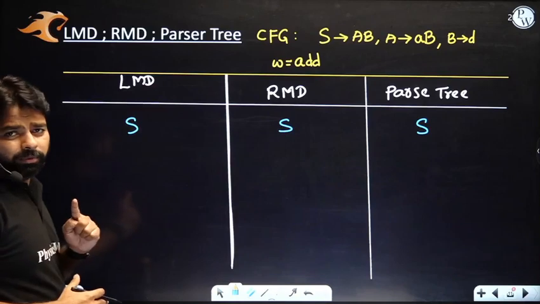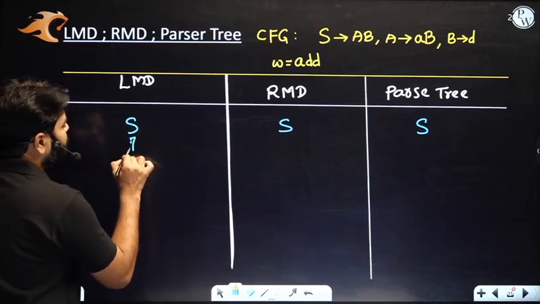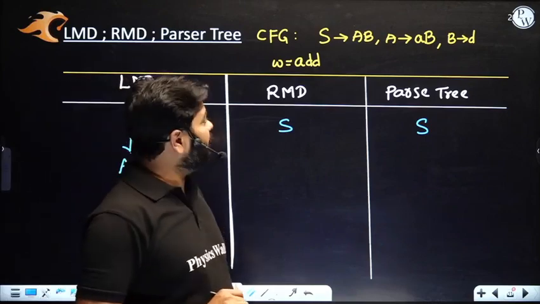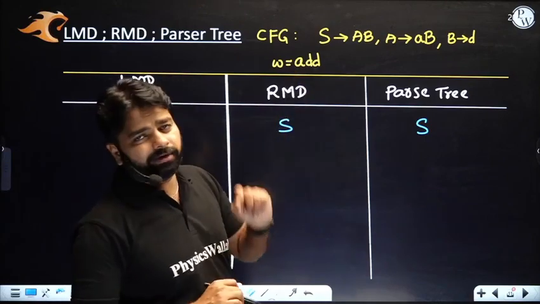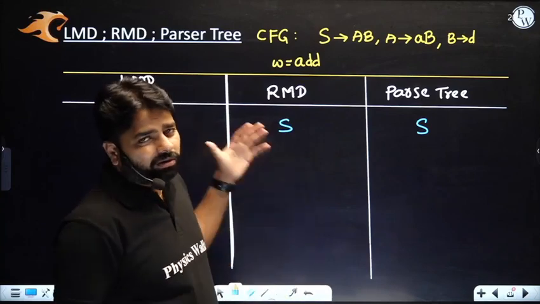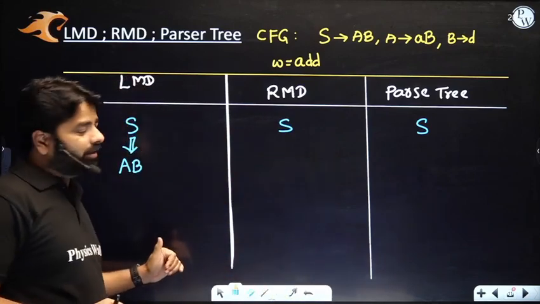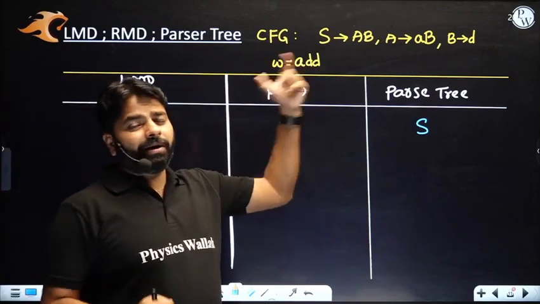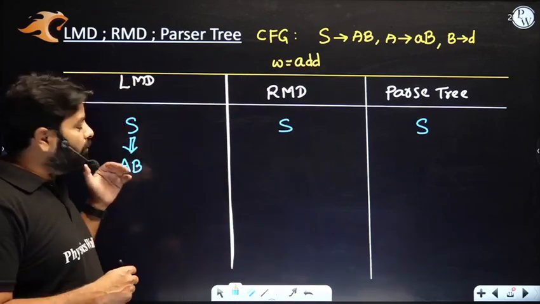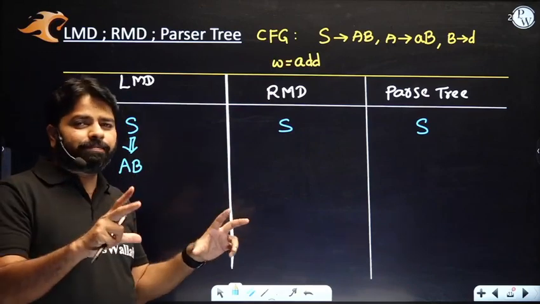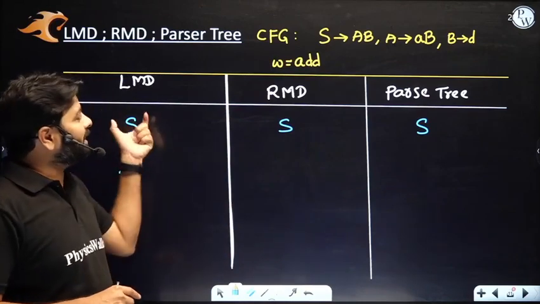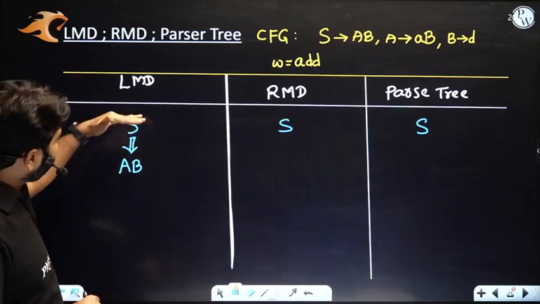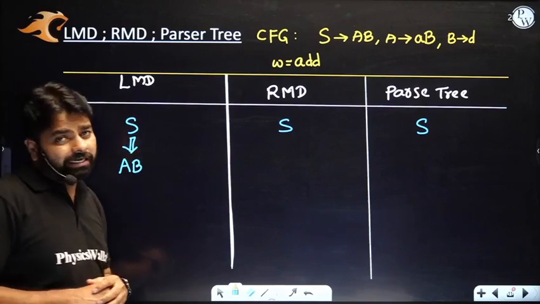S has only one production, so no doubt you have to substitute with that. But when you have more than one production, you should choose carefully which production will derive the string. If it is not deriving, there is no use of writing all the steps. Also, if there is more than one non-terminal in the same step, you should use the technique you are following. In leftmost derivation, we call every step a sentential form.